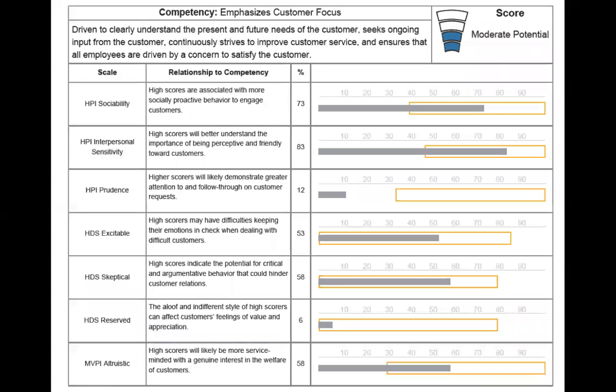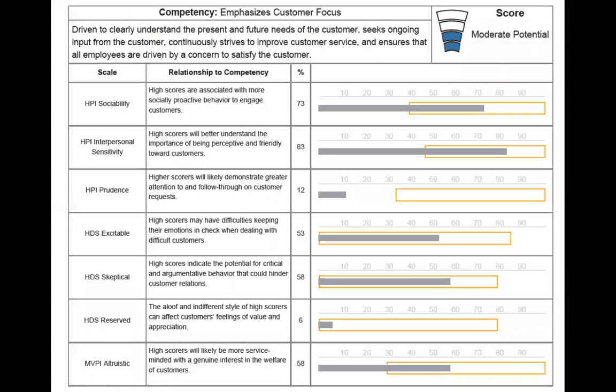Prudence. This one's interesting because the individual in question is well outside the window. The judgment, through going through the Hogan archives and doing the comparison research, was that you needed a pretty strong degree of prudence to ensure the follow-through with customers, because it's not just making the promise, it's delivering on it.